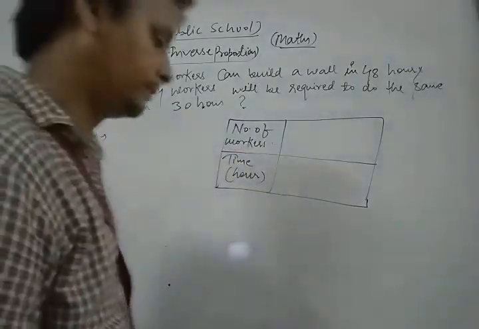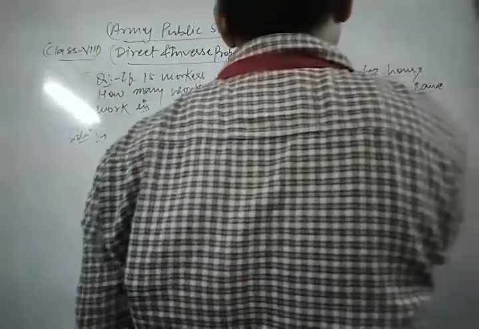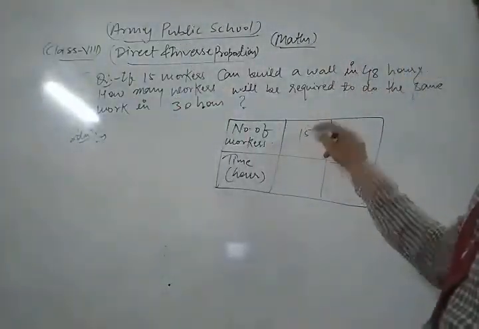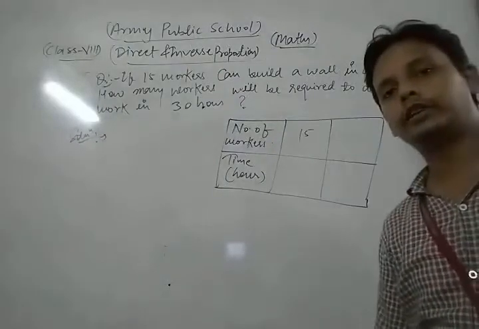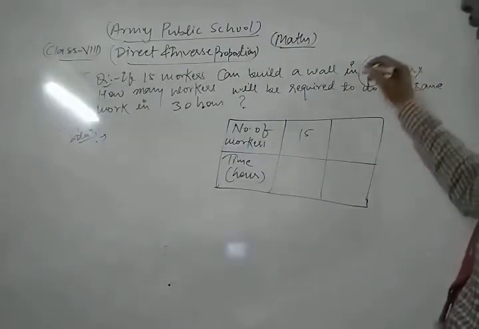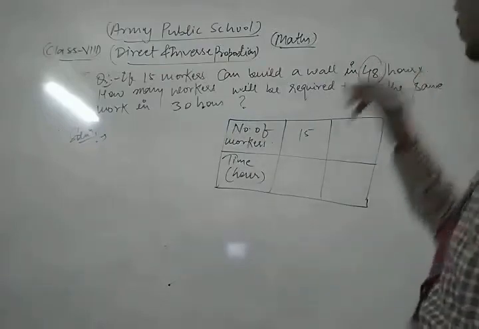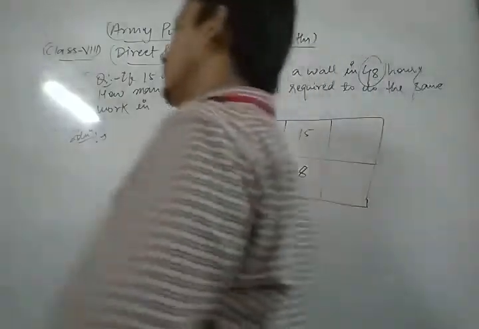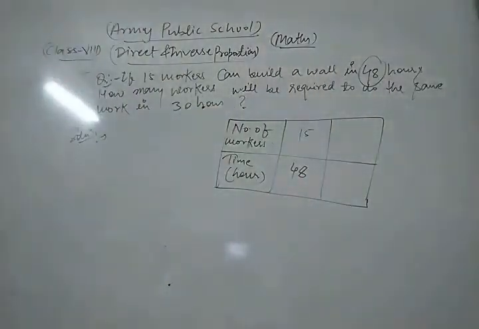Look, dear friends, if there are 15 workers then the time taken to build this wall is 48 hours.